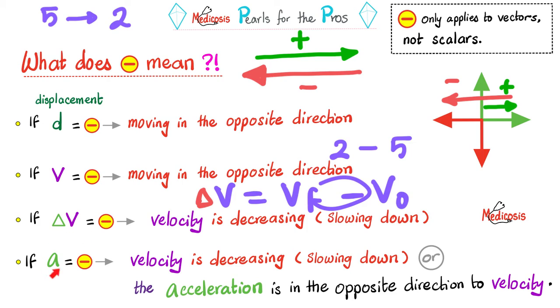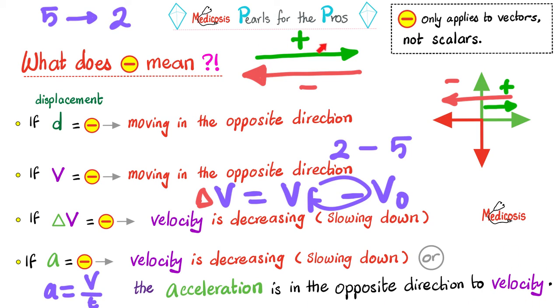But what if acceleration has a negative sign? Well, it could be acceleration is negative because delta V is negative. Remember that acceleration is change in velocity over time. So if delta V is negative because I'm slowing down, therefore A will be negative. Or acceleration could have a negative sign if acceleration is in the opposite direction of velocity.